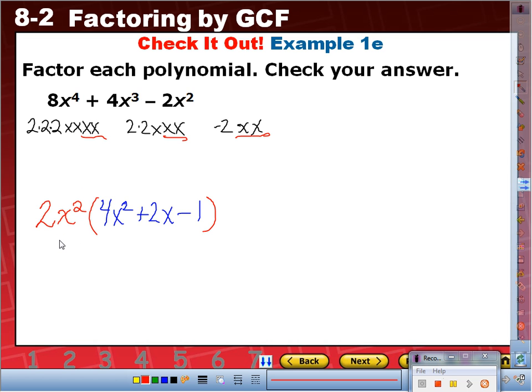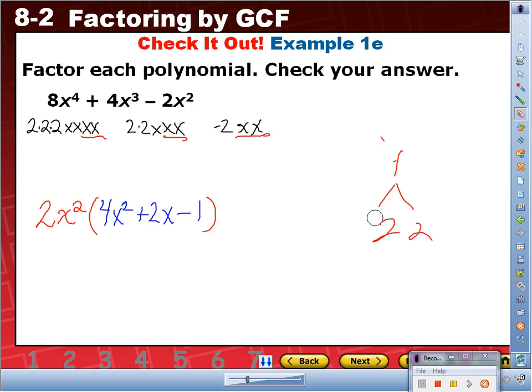How do you know that you only need 2? Yeah, how do you know you only need 2? Remember the homework the other day? Okay. All right. And if we were to check by distributing, let's check that.